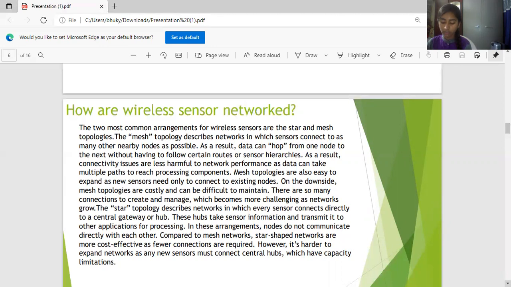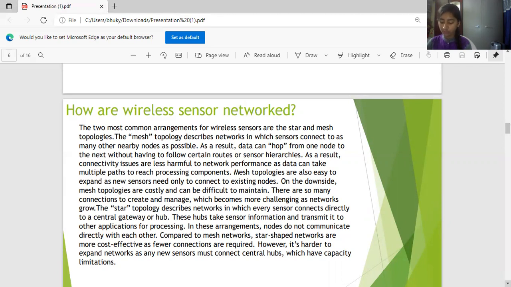The star topology describes networks in which every sensor connects directly to a central gateway or hub. These hubs take sensor information and transmit it to other applications for processing. In these arrangements, nodes do not communicate directly with each other.